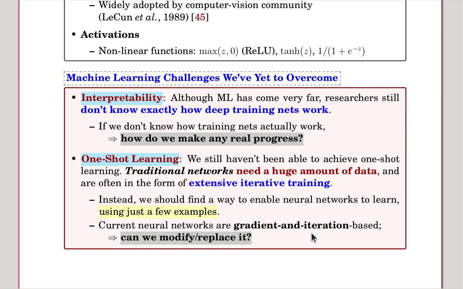So for a small data set, if some algorithm works very well, it will be really useful. That's the reason one-shot learning is a very important challenge for human society.